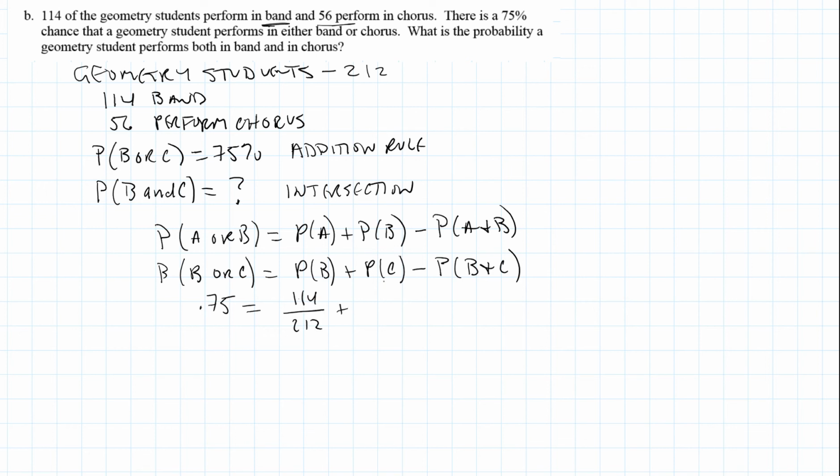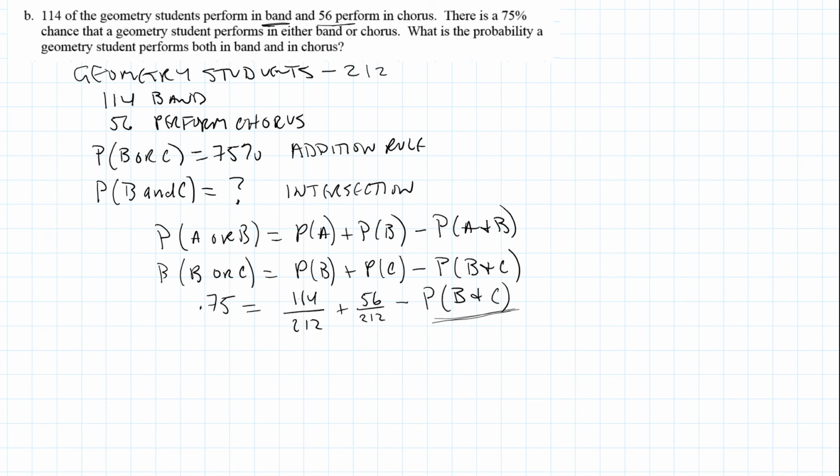And the probability that the geometry student is in chorus is going to be 56 out of 212. And then minus the probability of band and chorus. Okay, so basically we're solving an algebra equation right now.